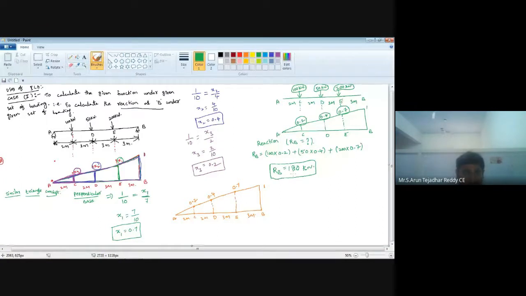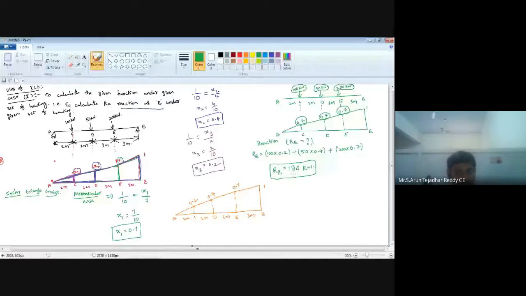So these are the different sets of point loads. For calculation of RB, the point load is very easy. But if you take a UDL, then how to calculate the reaction at RB?